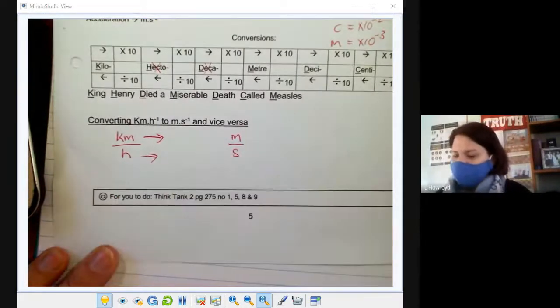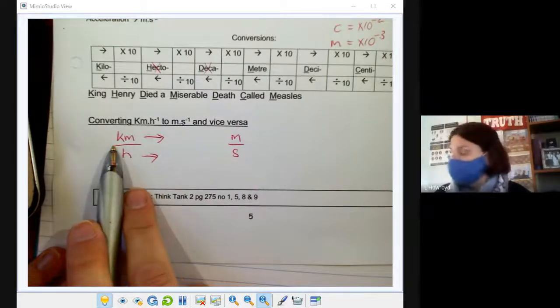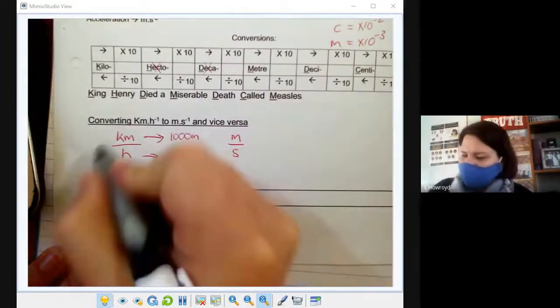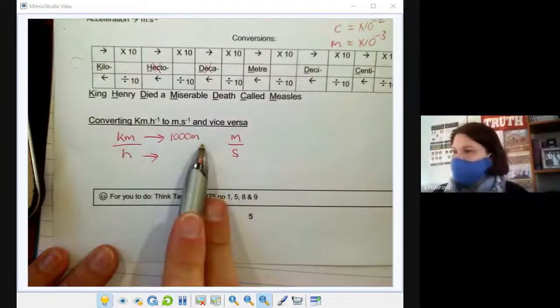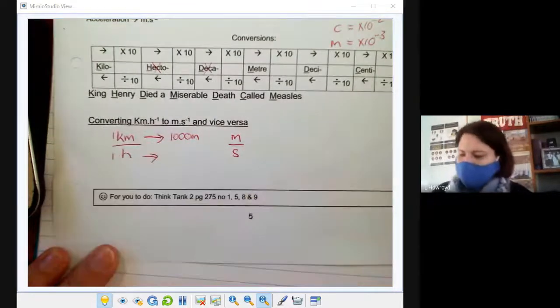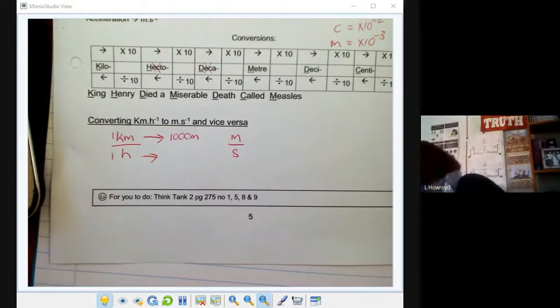How many meters in a kilometer? There's 1,000 meters. So 1 kilometer is 1,000 meters. Let's just make it as 1 hour.